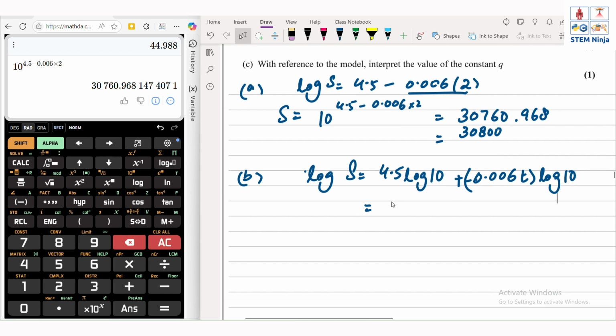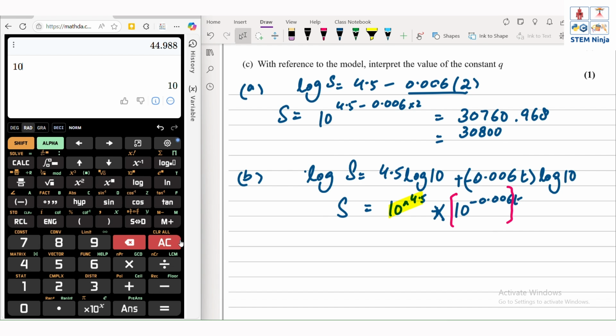So this becomes 10 raised to power 4.5 times 10 raised to power minus 0.006 t, and that is equal to S. Now all we have to do is simplify this, and Q would be basically this thing.